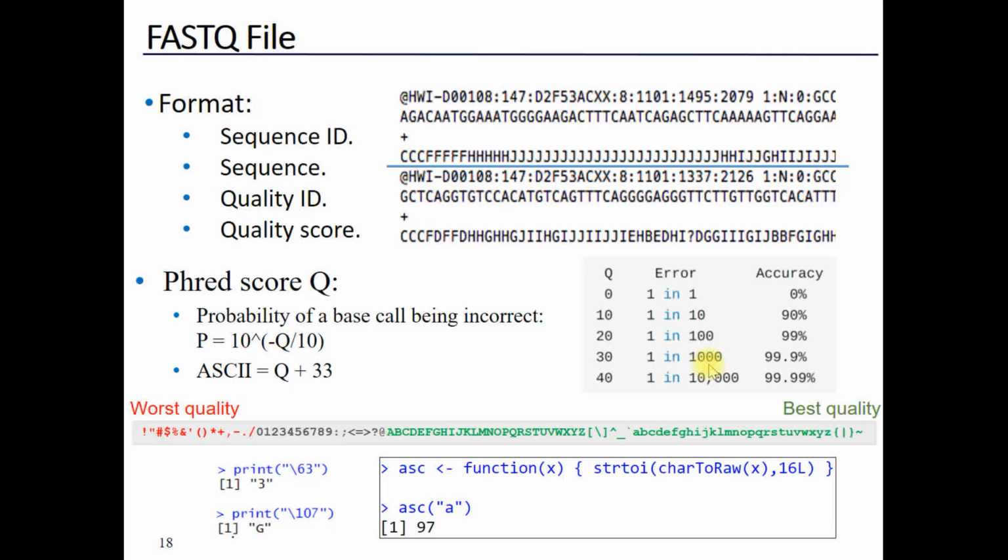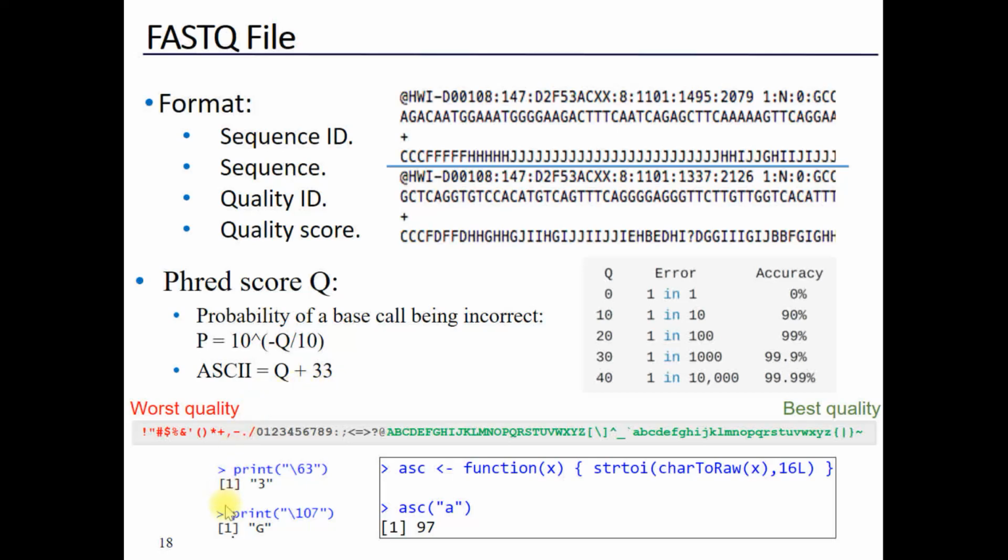1 over 1,000. And in the file, this is actually not Q, it's not the number, but instead it is converted to an ASCII code, by this equation. So for example, if we get a Q equal to 30, then the ASCII code is 30 plus 33, which is 63.